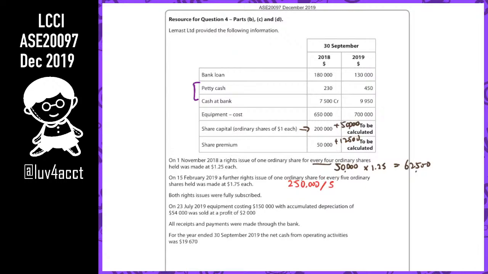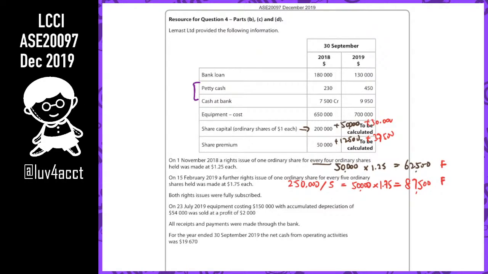We are still going to issue 50,000, but at 1.75. That is 87,500. These are receipts. Add 50,000, add 37,500. So these are financing activities, positive. We receive money.